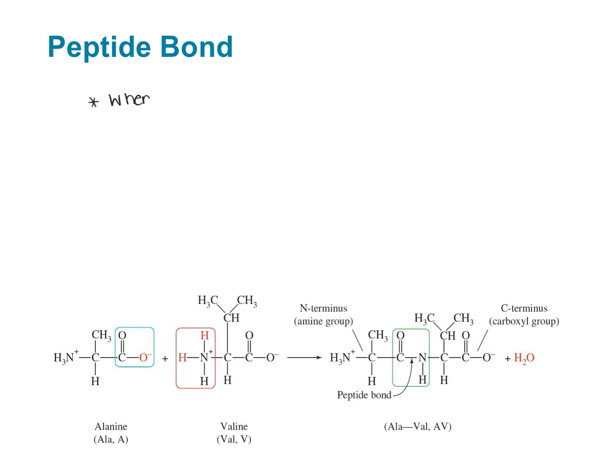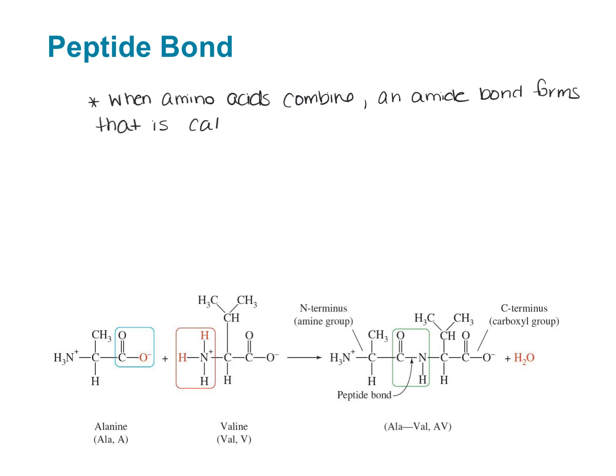When amino acids combine, an amide bond forms. That is called the peptide bond. In the dipeptide, there's an N-terminus.